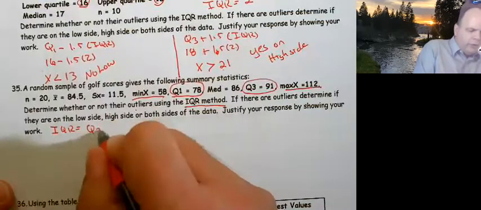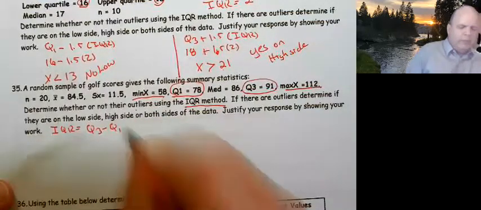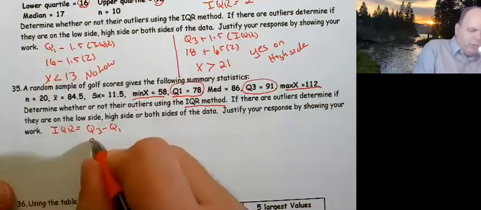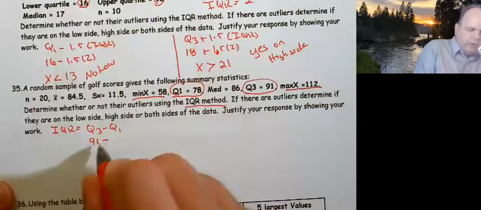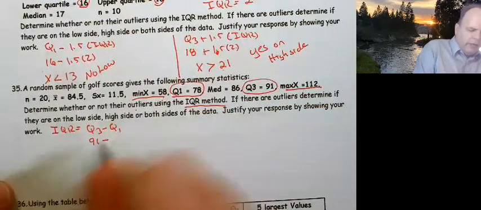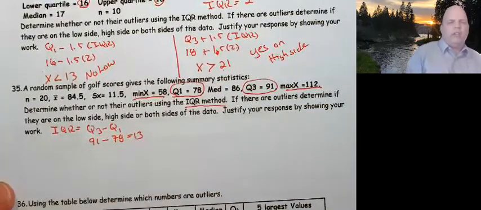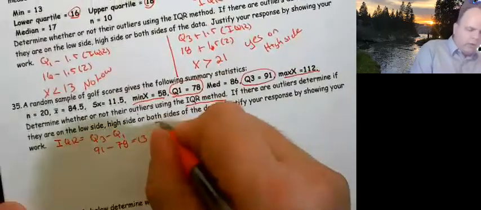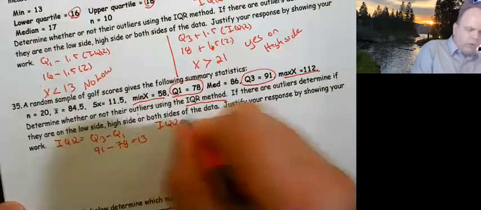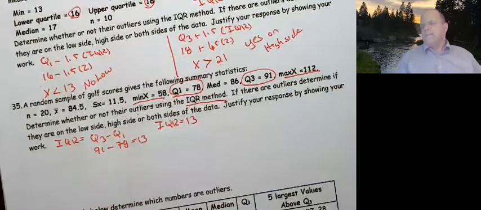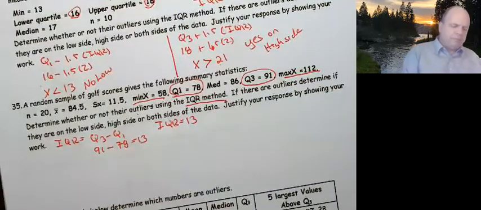IQR equals Q3 minus Q1. In this case, that's 91 minus 78, and that is 13. So our IQR equals 13. All right, continuing on.